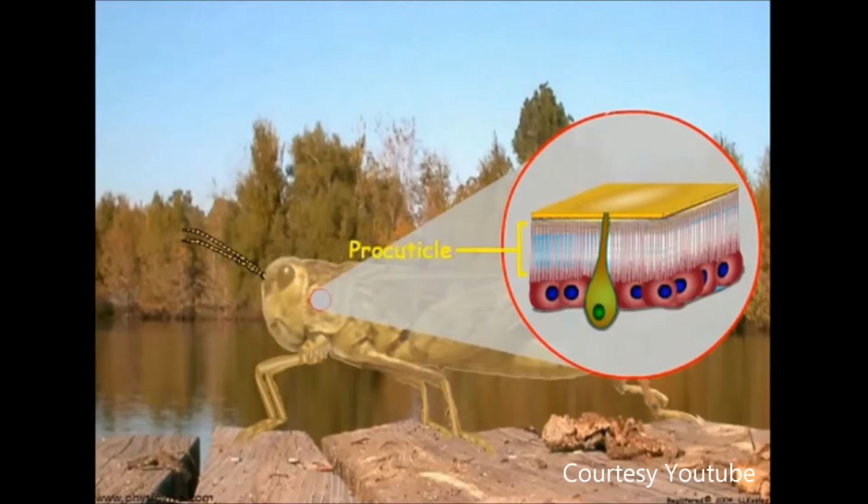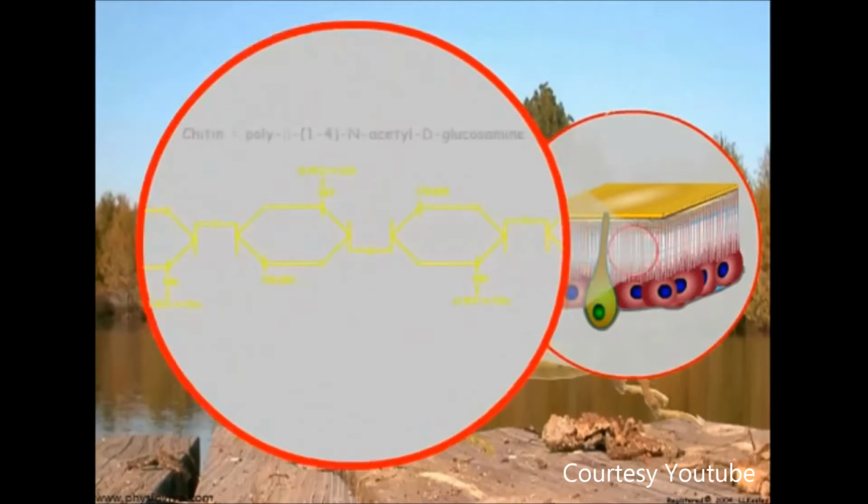Above the epidermal cells is the procuticle, a layer of protein intermixed with chitin. Chitin is a complex polysaccharide comprised of mainly N-acetylglucosamine subunits mixed with some glucosamine and linked in chemically resistant beta-1,4 bonds similar to the inert beta-glucose of cellulose.